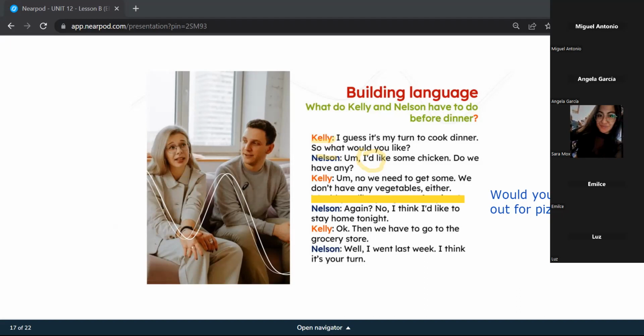Okay, I guess it's my turn to cook dinner. So what would you like? Chicken, do we have any? No, we need to get some. We don't have any vegetables either.